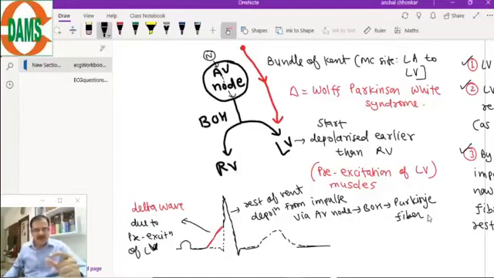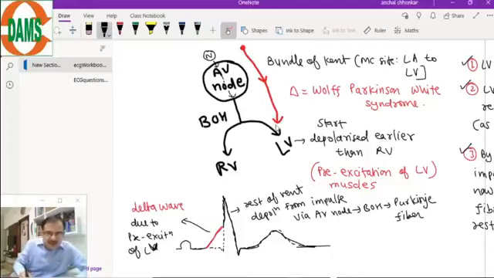The rest of the ventricle will be depolarized from impulse via the AV node, bundle of His and Purkinje fiber, completing the QRS complex like this. QRS complex. Yes, very nice. There will be a wide QRS complex because the ventricles are not depolarized simultaneously. There was some pre-excitation of the left ventricle early. Yes, it will reach some part of the left ventricle.